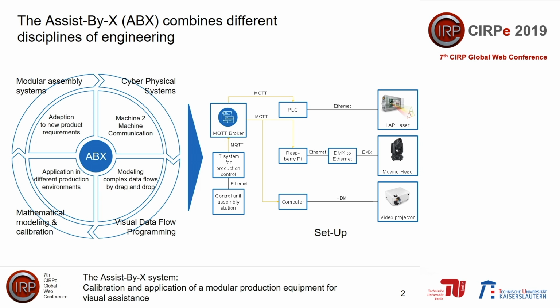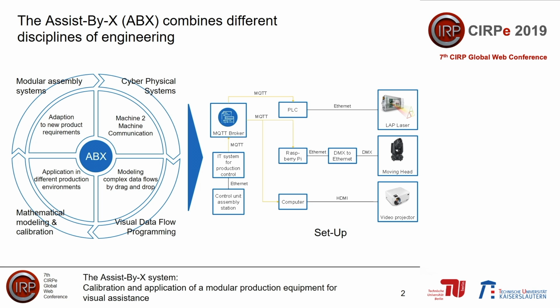The idea for this project is to create a modular system that provides visual assistance for workers, which can be adapted to different production environments with individual assistance tasks. In an assembly system, it represents an assistance model whereby the skills of the model can be defined by exchanging the projection device.